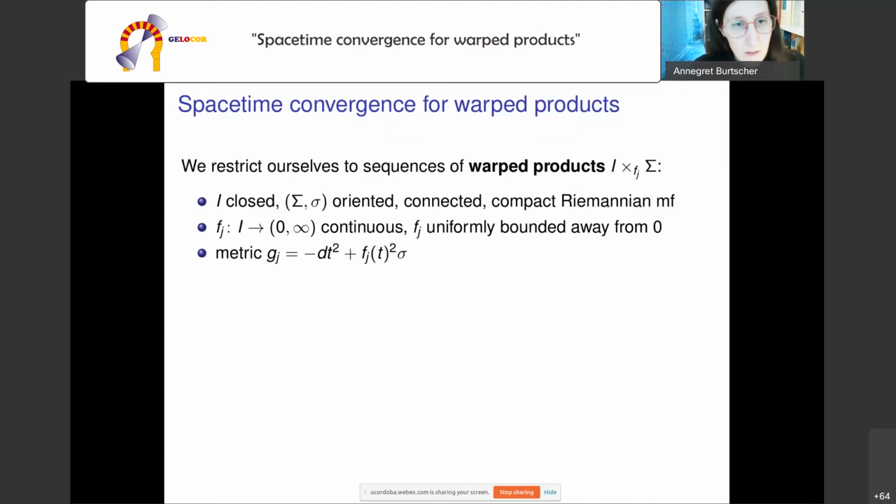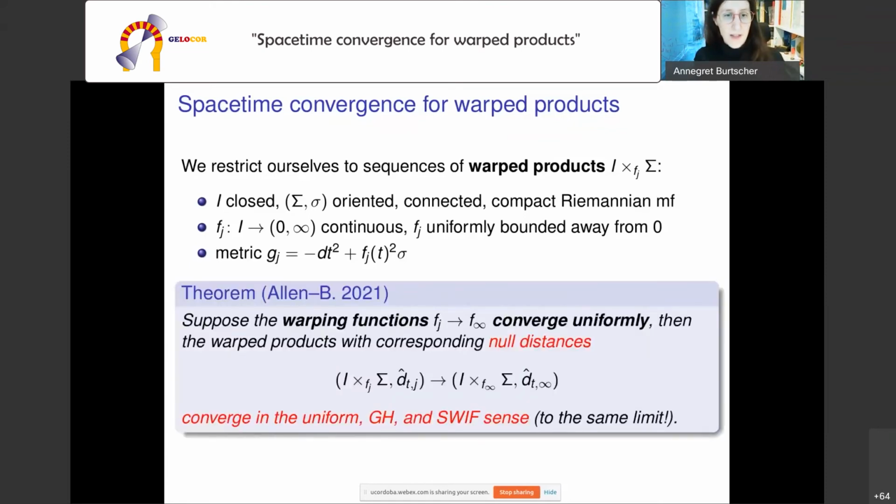So we assume a closed interval, and therefore a compact connected oriented Riemannian manifold, and a sequence of warping functions that are continuous and uniformly bounded away from 0. And then we have, of course, the metric is these Lorentzian warped products.